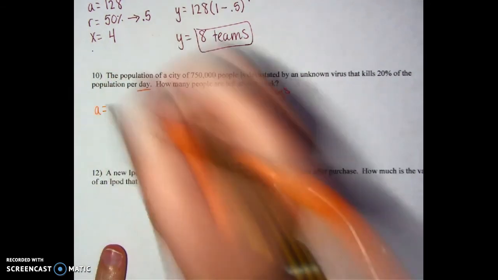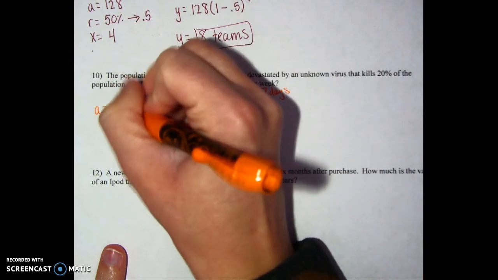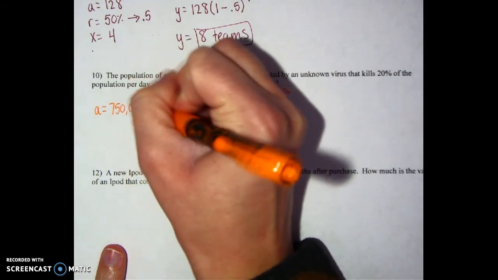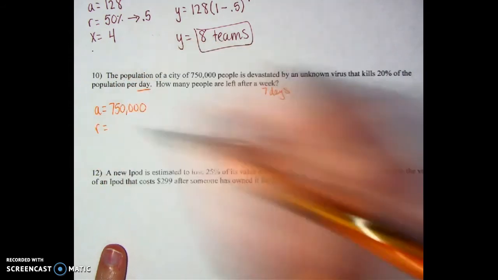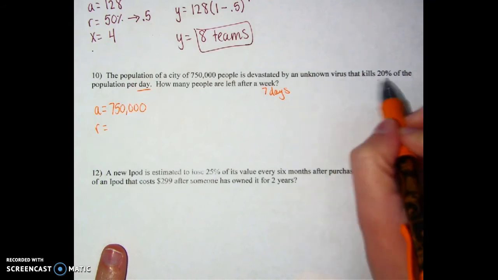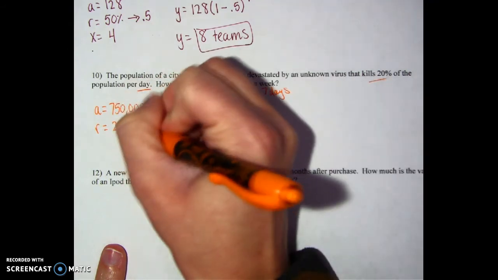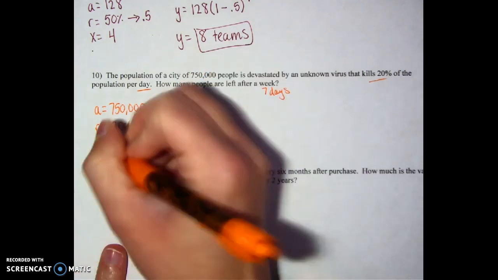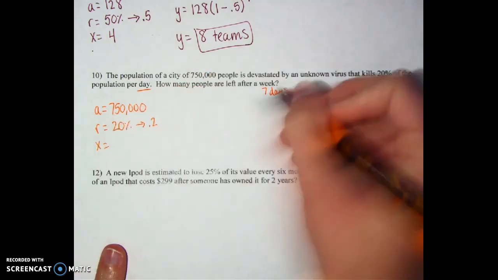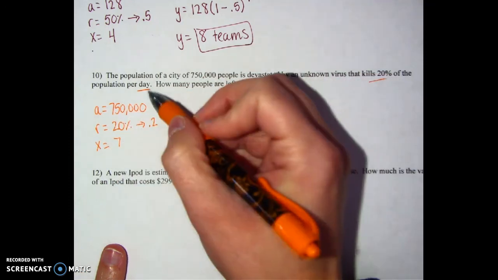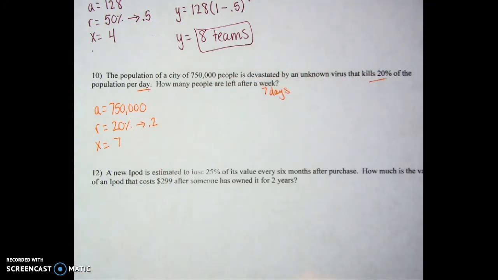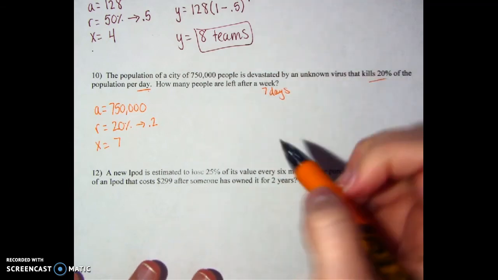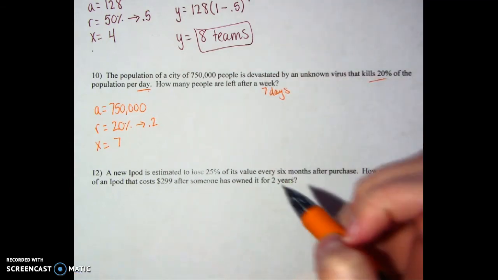So our initial amount is 750,000. Our rate is 20%, also known as 0.2. And X is 7 days, because we need that in the same unit. And this is decay because we're losing people.